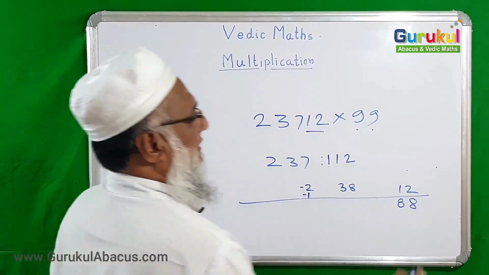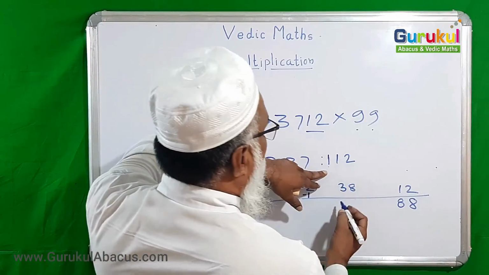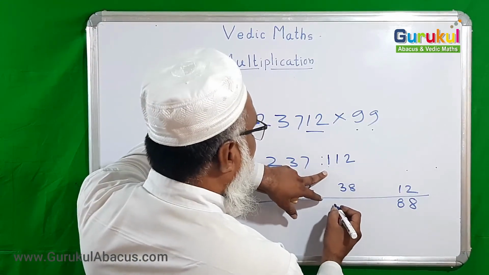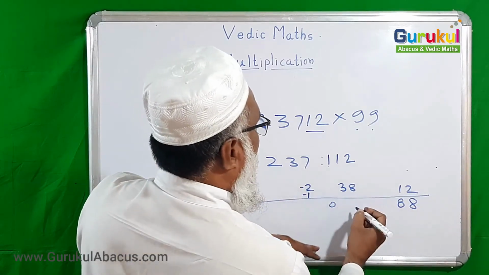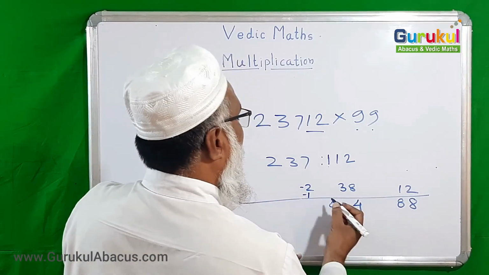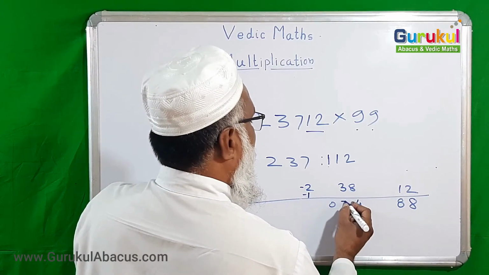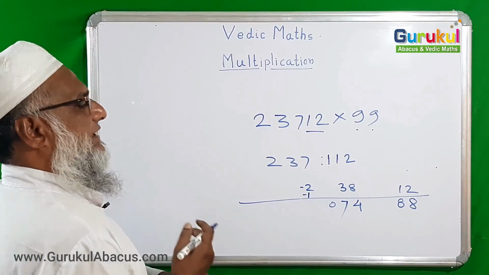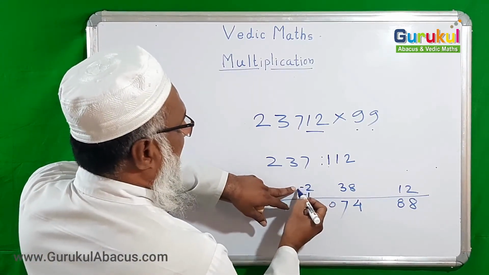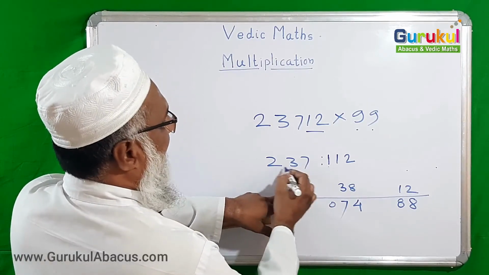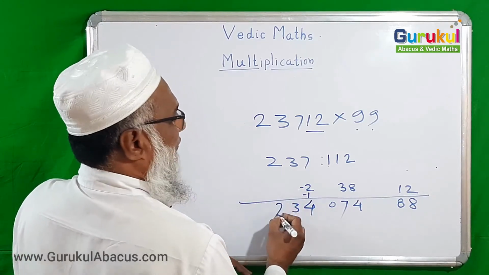Now we have to subtract 38 from 112, so our answer is 74. Then this 2 and this 1 together, this 3 I want to subtract from this number, so here I will get 432.